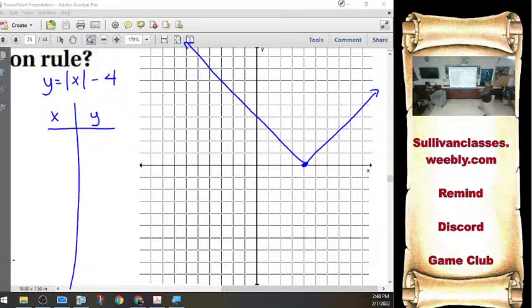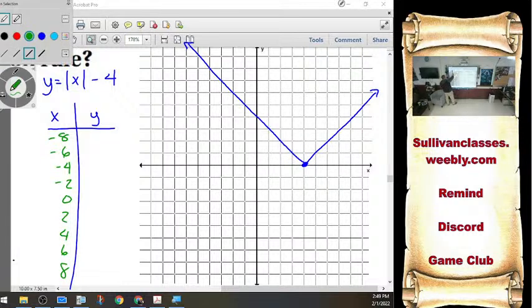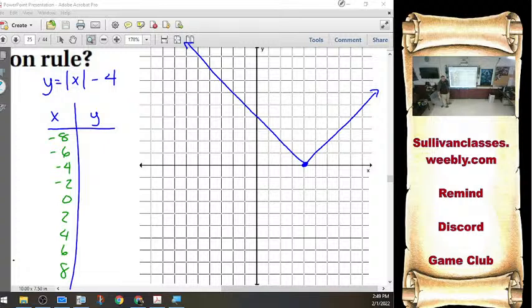Okay. So if I'm plugging in negative 8, negative 6, negative 4, negative 2, 0, 2, 4, 6, 8, each one of these, absolute value of it is its positive version, right? Absolute value of 8, 8. Absolute value of negative 8, 8. Minus 4. 8 minus 4. 6 minus 4. 4 minus 4. 2 minus 4. 0 minus 4. 2 minus 4. Oh, hey, there it is.